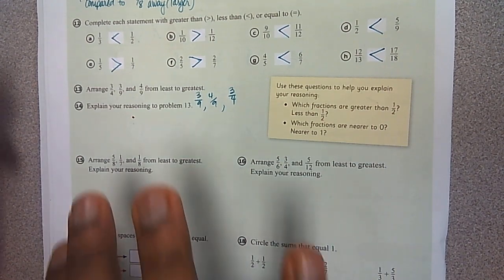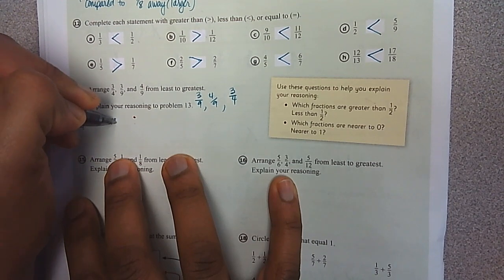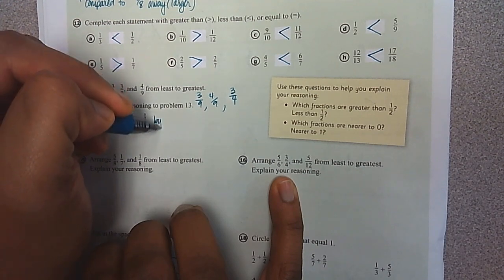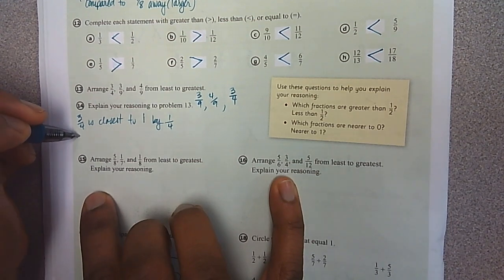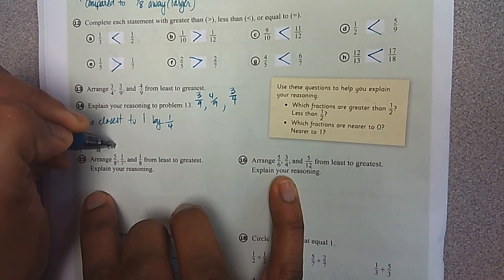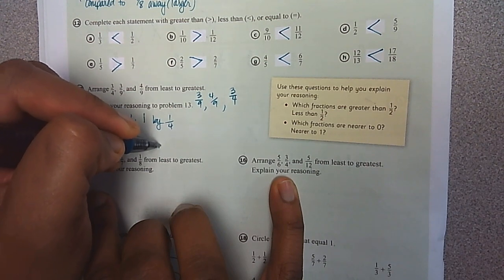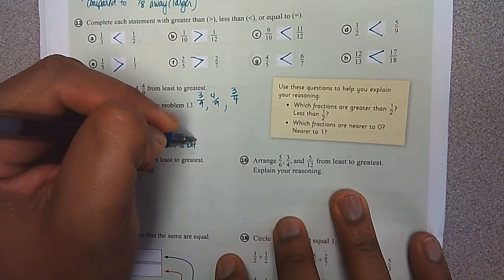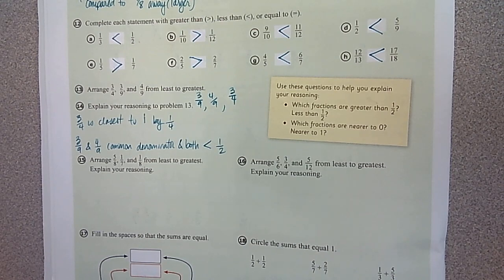Explain your reasoning. So 3/4 is closest to 1 by 1/4. 3/9 and 4/9, common denominator, and both less than a half.